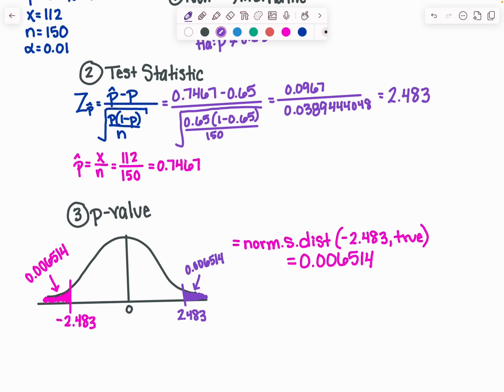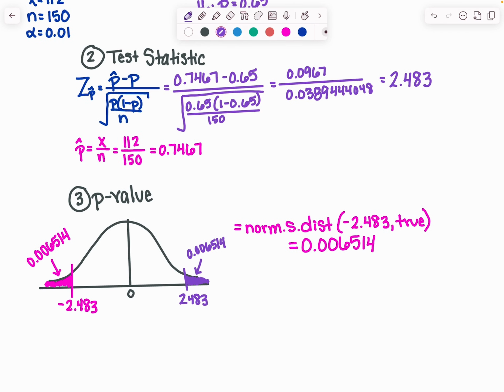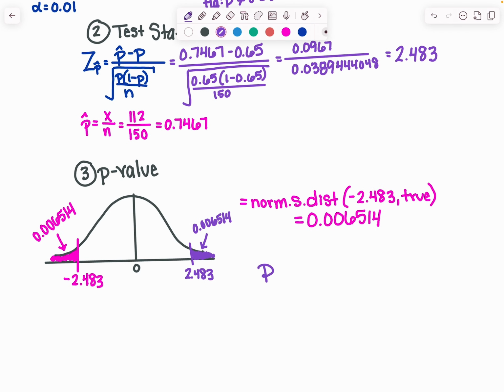The area less than negative 2.483 is the same as the area greater than positive 2.483. So my p-value is 0.006514 times 2.